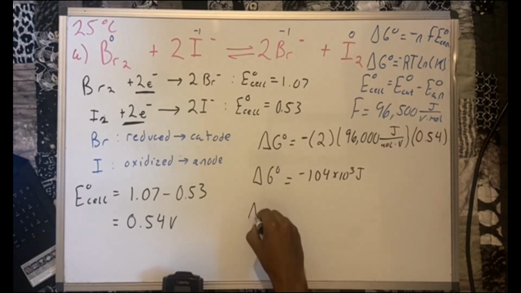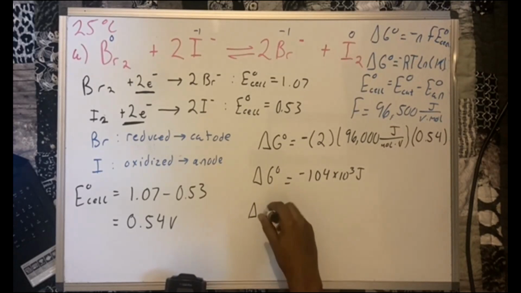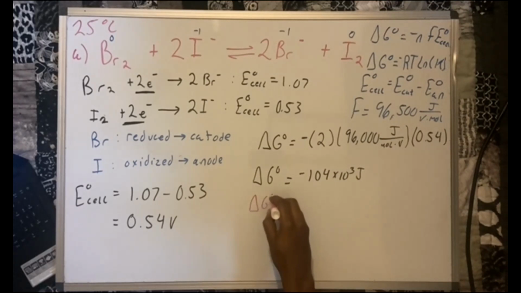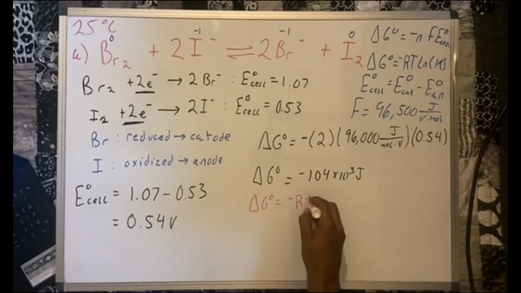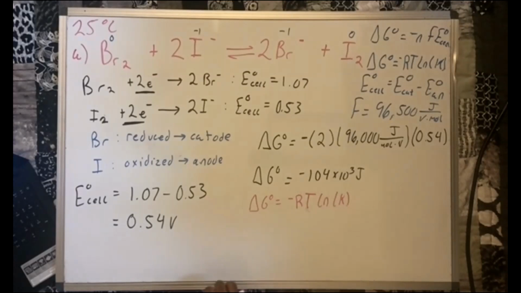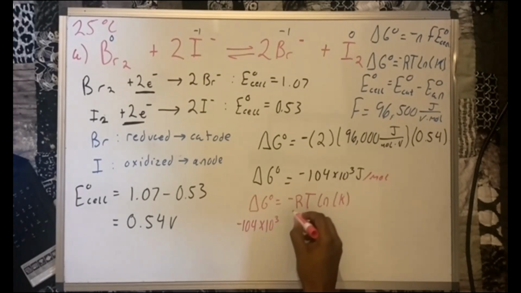So now we also know that delta G naught equals negative RT natural log K. Oh, I forgot to give you R. Plug in our numbers, so we know that delta G is -104 times 10 to the 3 joules per mole.